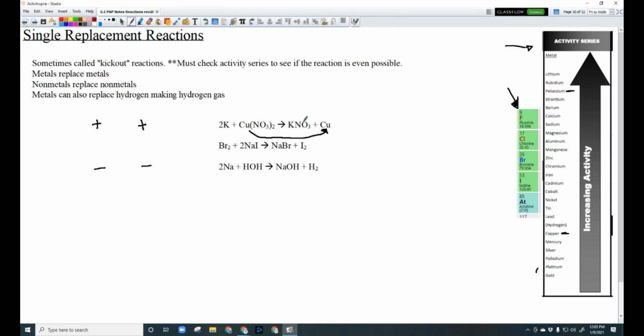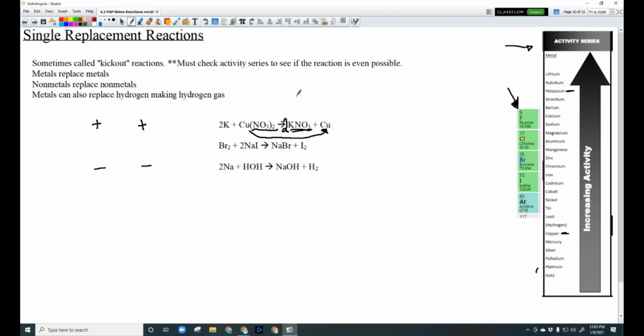So here we have 2 NO3s, so we're going to have to balance this by doing 2 KNO3 here. And there you go, the 2 balances this 2. I want to make sure I point that out. Just because you have 2 here does not mean it's going to be parentheses 2 here. That doesn't exist. So you have to look at your charges.